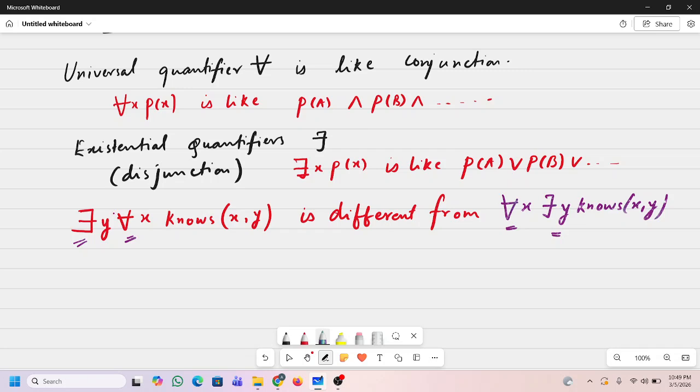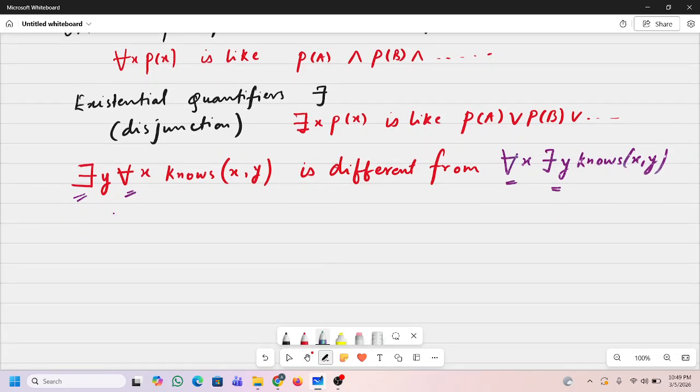Right. So now let us see some examples based on universal quantification.